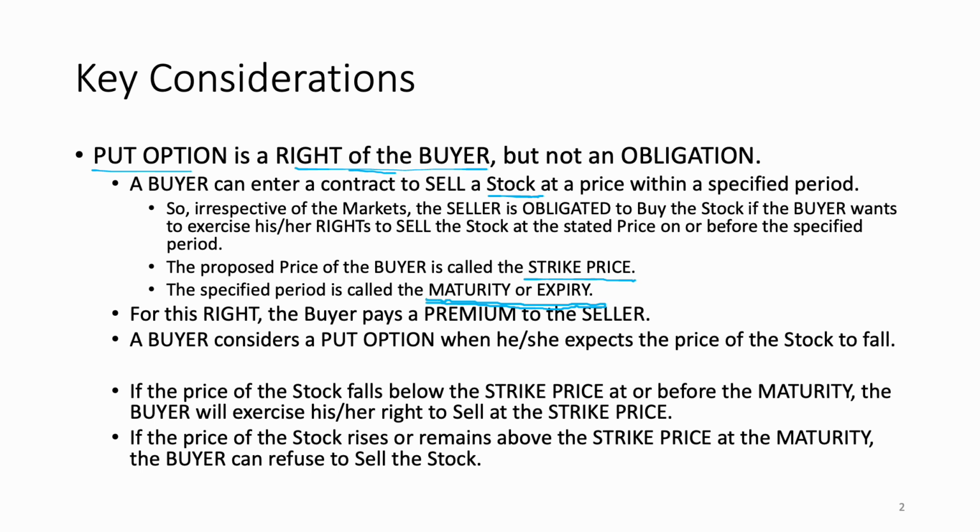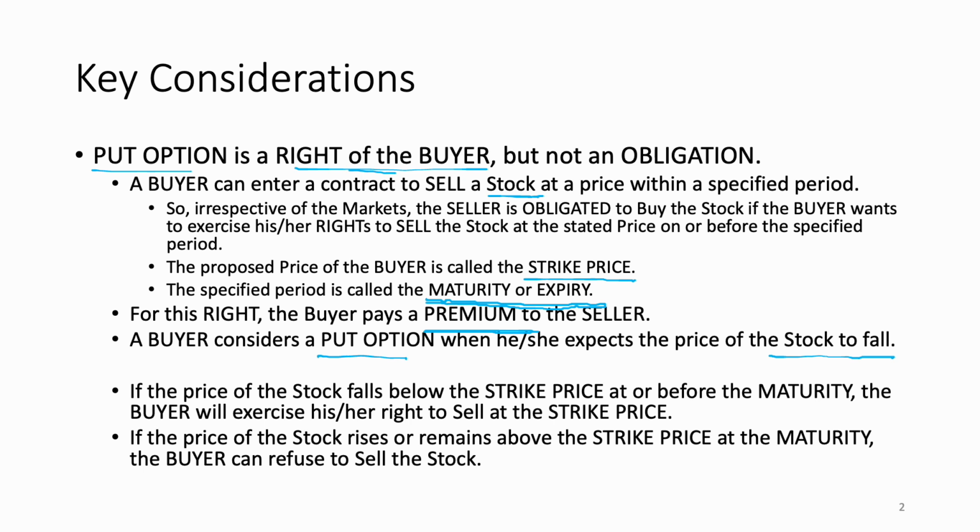Now for this right that the buyer gets from the put option contract, the buyer gives the seller a premium. A premium is agreed between the buyer and the seller that the buyer will pay to the seller for exercising his right in this put option. The buyer will always consider using a put option when he expects the price of the security to fall.